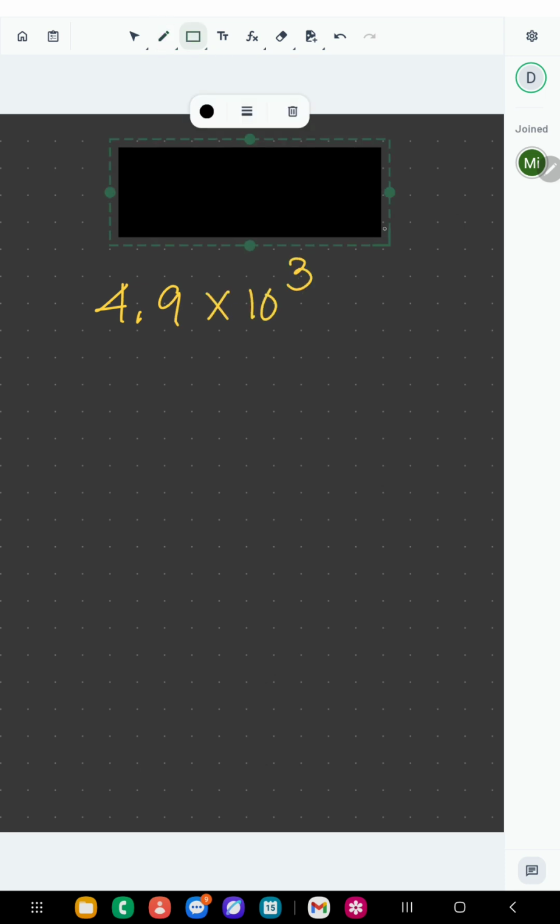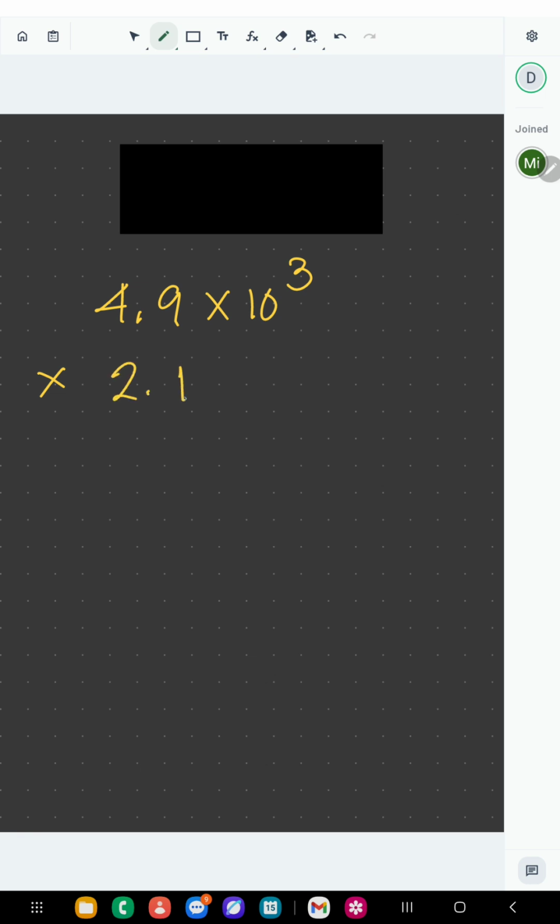What if you're given 4.9 times 10 cubed times 2.1 times 10 to the fifth?